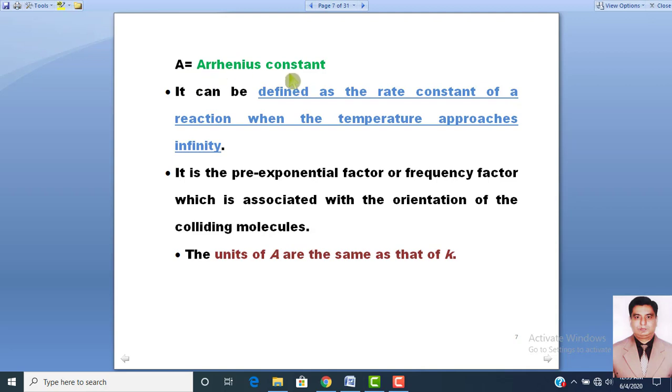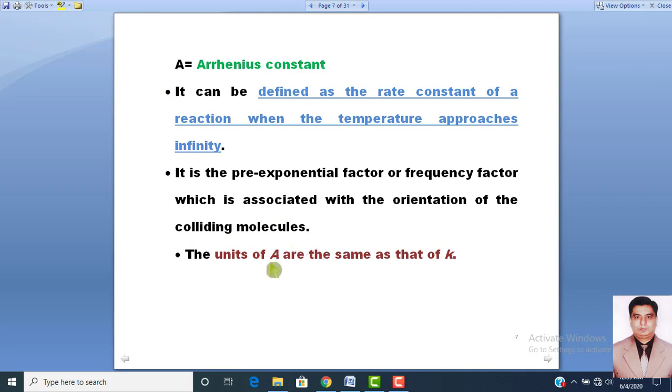Arrhenius constant means the rate constant of a reaction when the temperature approaches infinity, and it is the pre-exponential factor, or you can say it is the frequency factor, and this is associated with the orientation of the colliding molecules.